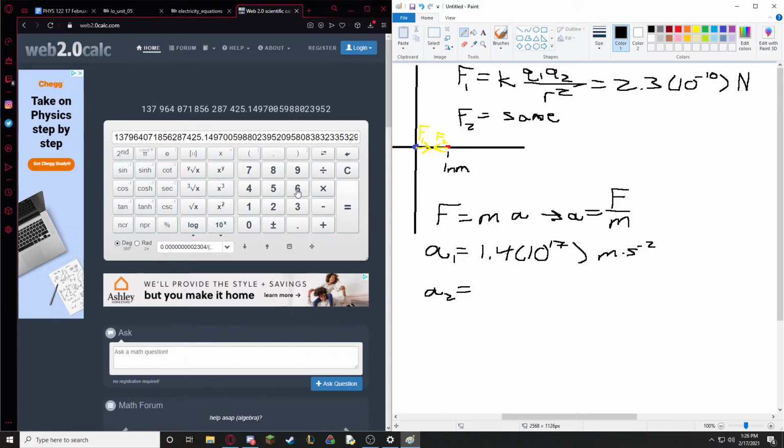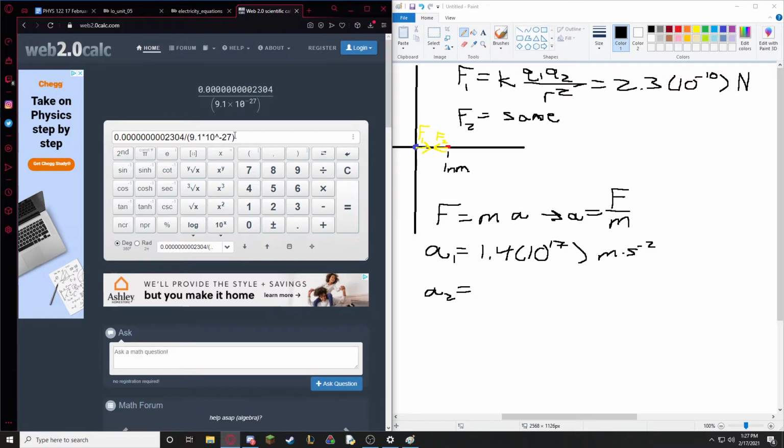And now for the acceleration of the electron, what's the mass of the electron? So we divide the same force by the mass of the electron. If anyone remembers, what is it again? 9.1 times 10 to the negative 31.